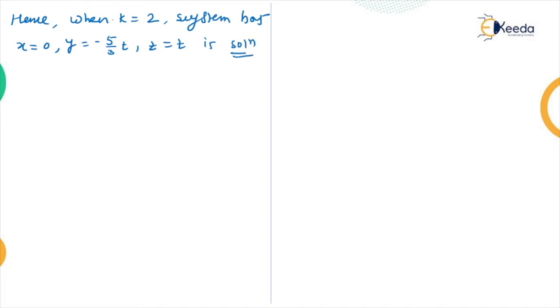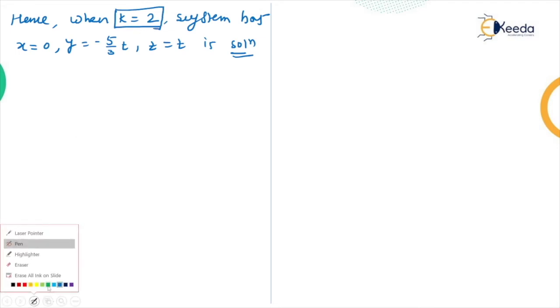So this is for case number 1, when we take k equal to 2. Now further we are going to discuss case number 2.